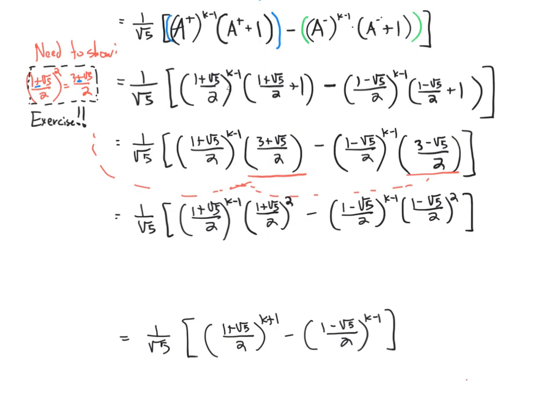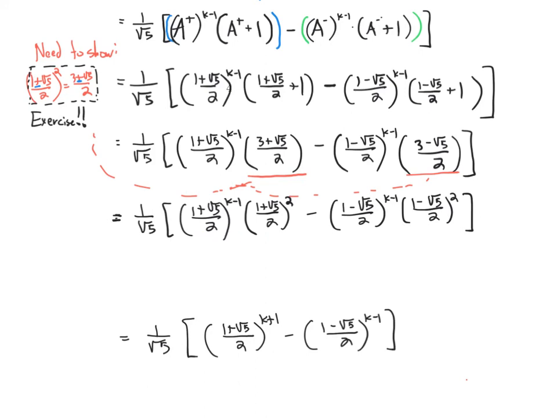And the reason that I came up with it is I know where I want to go. I need 2 more a pluses, 2 more a minuses, so these must equal a plus squared and a minus squared. And you just need to check that in order to show it. And then, in fact, I don't need another line here. We're just done.